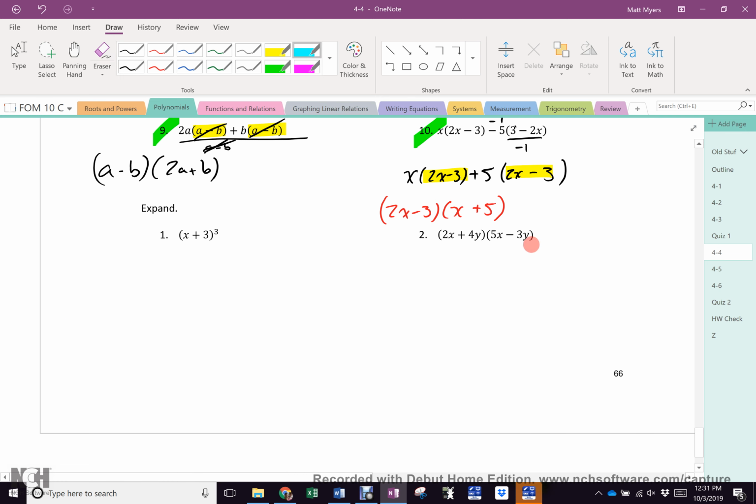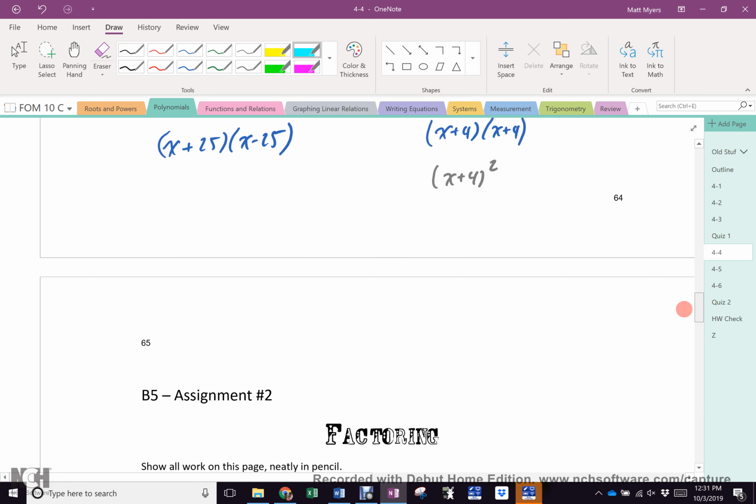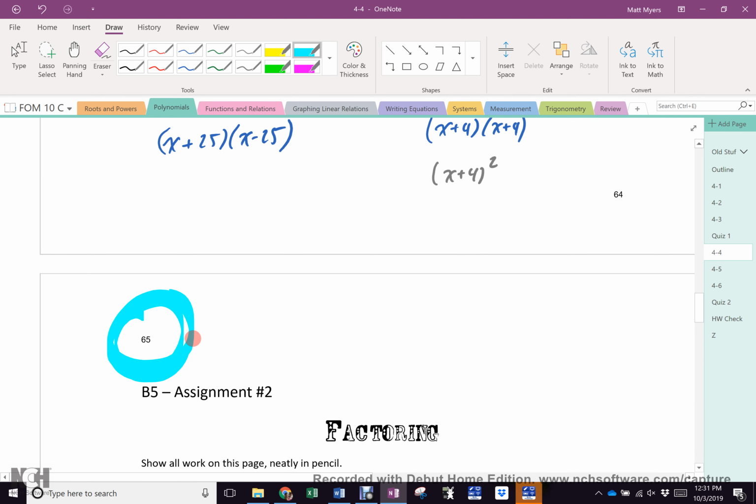Your work for the rest of the day and for homework is the previous page that should have been this page. Page 65. And it says assignment. So what will happen tomorrow? It will be marked. Now, I am not unreasonable.